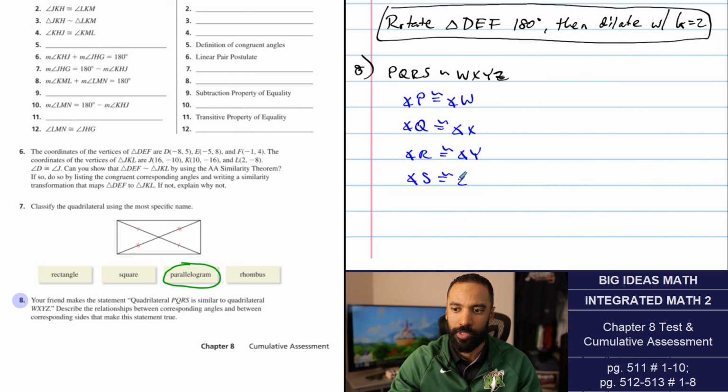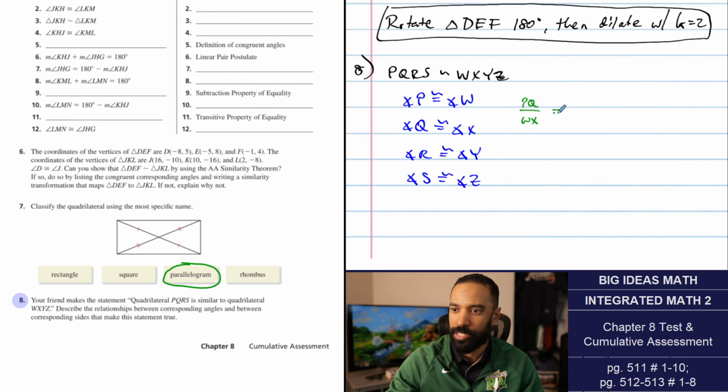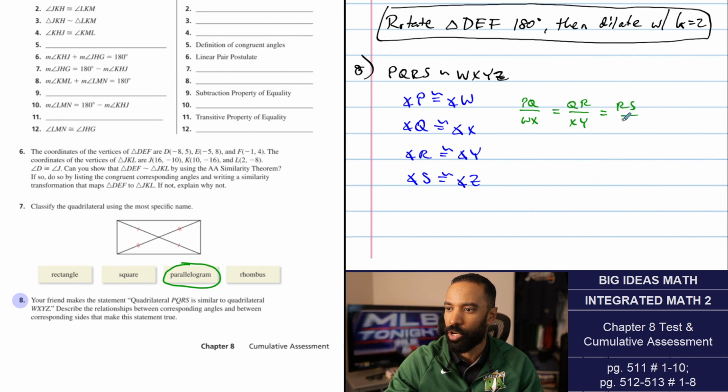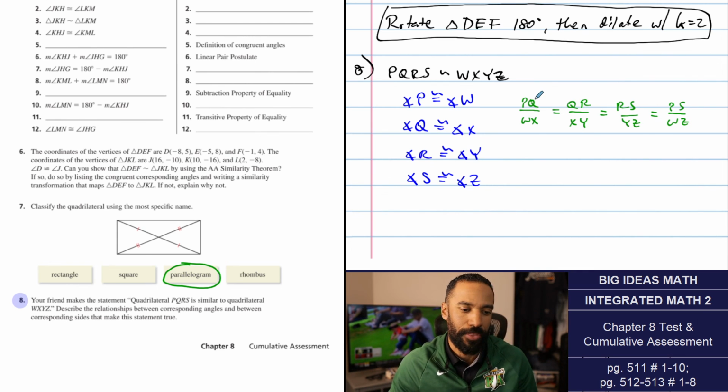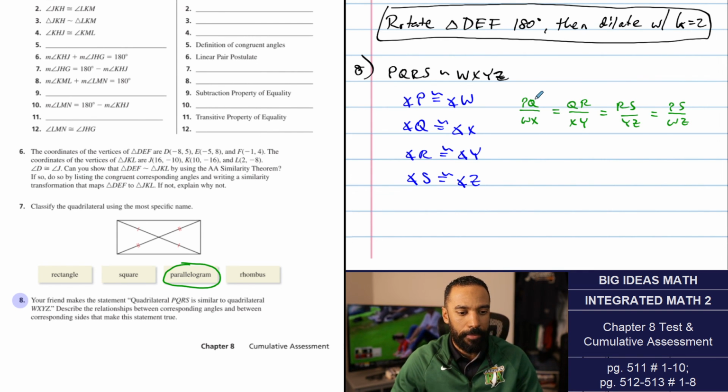Angle S congruent to angle Z. So PQ over WX is equal to QR over XY, which is equal to RS over YZ, which is equal to PS over WZ. That's the proportionality. Letters 1, 2, letters 1, 2, etc., and it keeps moving forward. And I think that's all that they're asking for, is just describe the relationships between these things. To make the statement true, these things would have to be so.